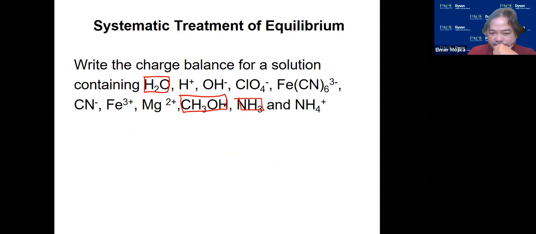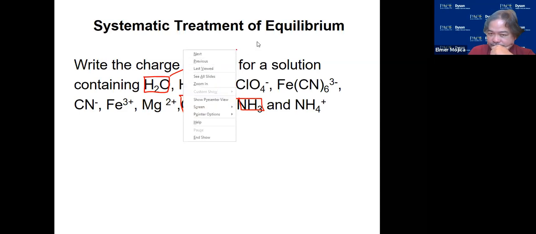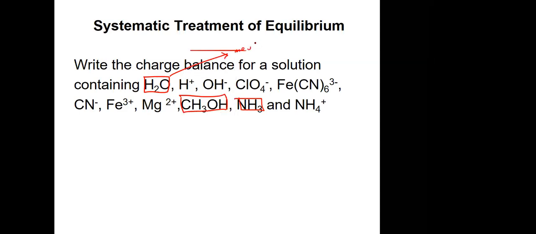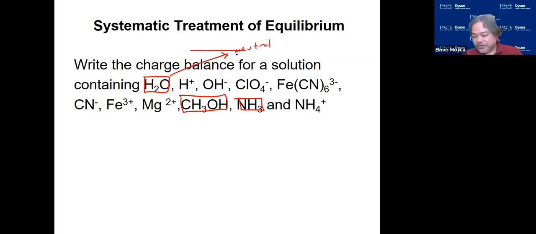What are these three? Is there another one aside from these three? What do you call them? Neutral. So what do we do with the neutral? Are we going to include them in the charge balance? Yes or no?